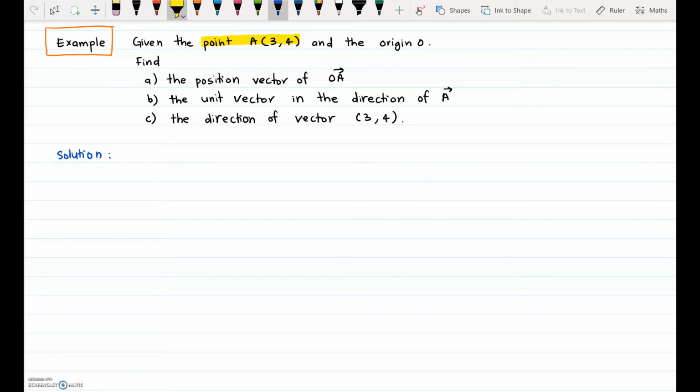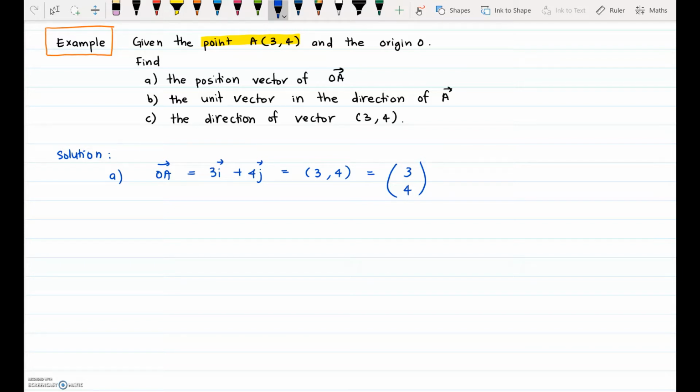The position vector of OA can be written in the form of ij, that is 3i plus 4j, or as a row matrix (3, 4), or in some books as a column matrix (3, 4). So we have three types of notation that we can use to represent the vector.